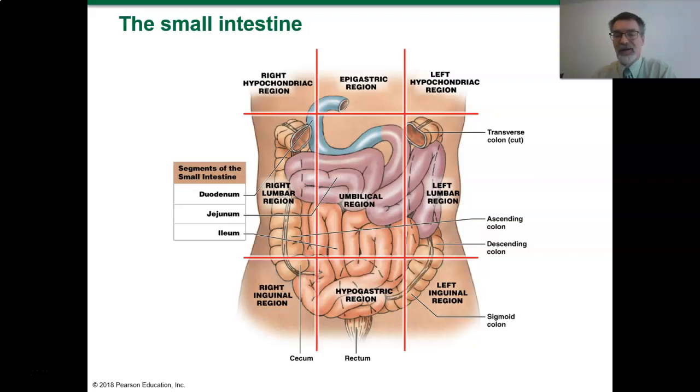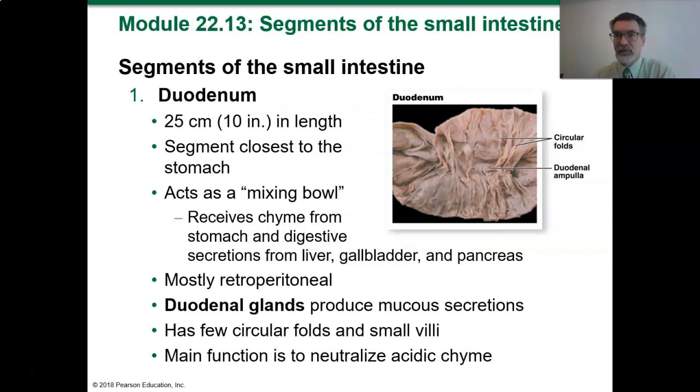Like if I had appendix pain, you would find that in the right inguinal region, because that's where the appendix is, right? Versus above the intestines, we have our liver, which is going to be more in that right hypochondriac region of the body, where you might have some discomfort in that area, going into the lower region right below it as well.